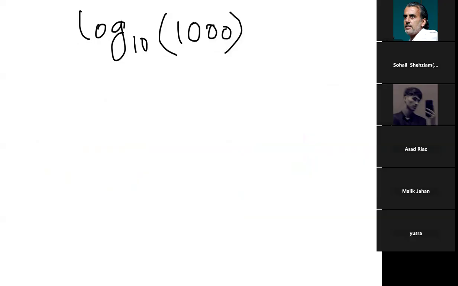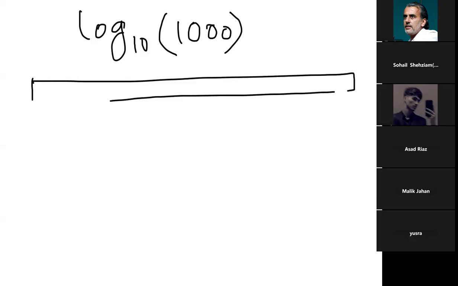When we say base 10, that means the rod size is 1000, and we need to cut it into 10 pieces. So the base is actually telling us how many pieces we need to create when we are going to do this kind of stuff, right?